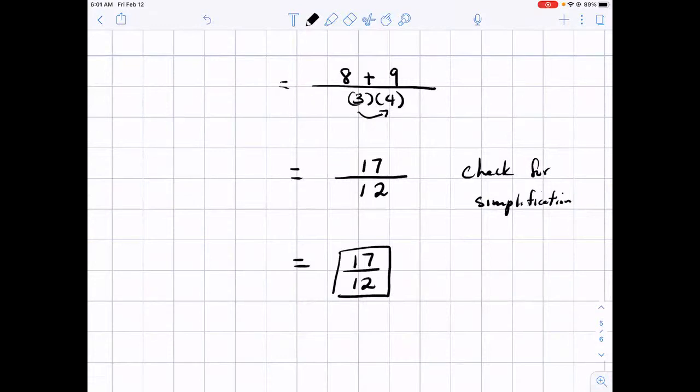Now, let's look at a rational expression now, polynomials, where we don't have the same denominator.